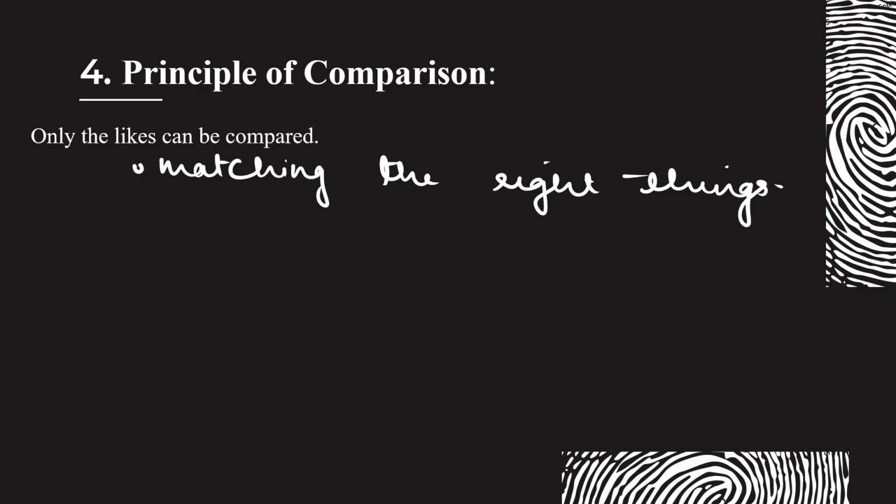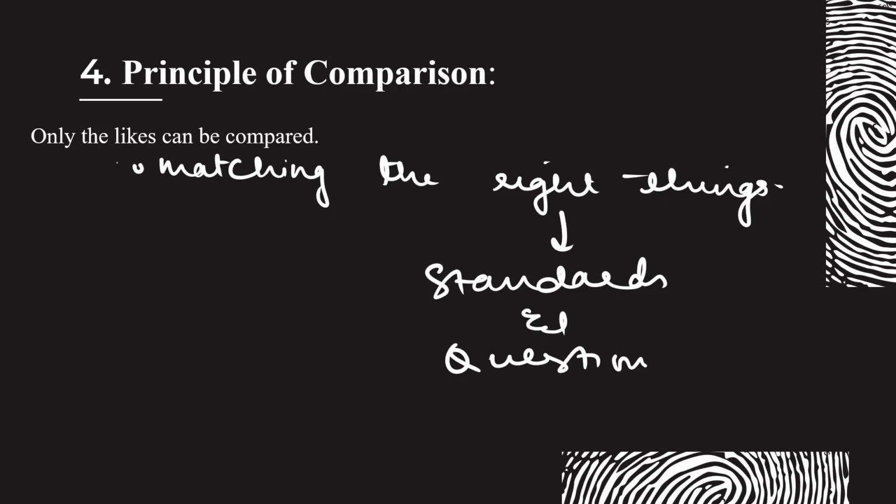So whenever we compare bullets, tools, footprints, handwriting or anything else, we make sure that the standard and the questioned items are of the same types. So when we talk about matching the right things, we talk about the standard and the questioned sample, which should be of the same type.